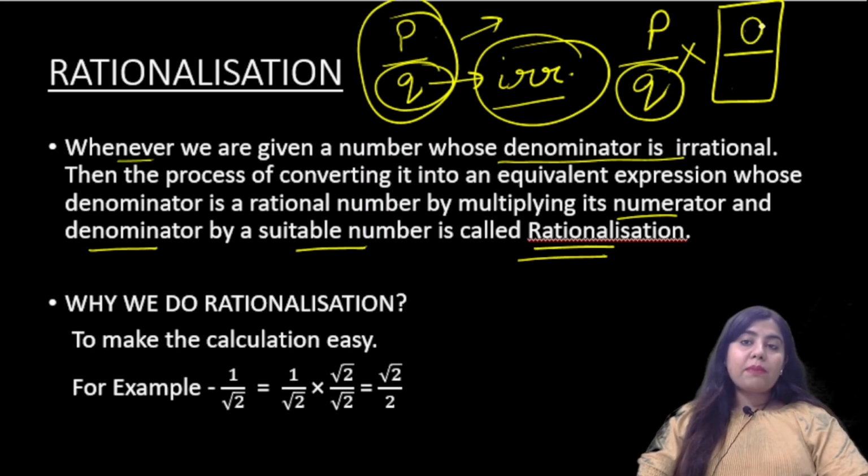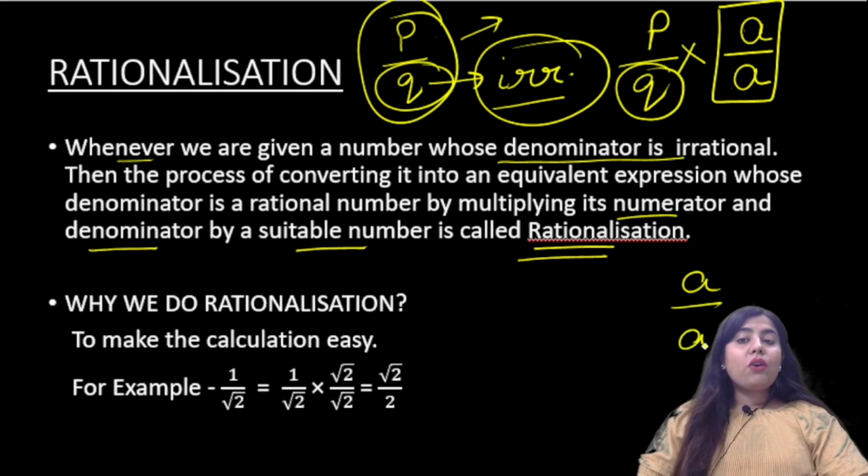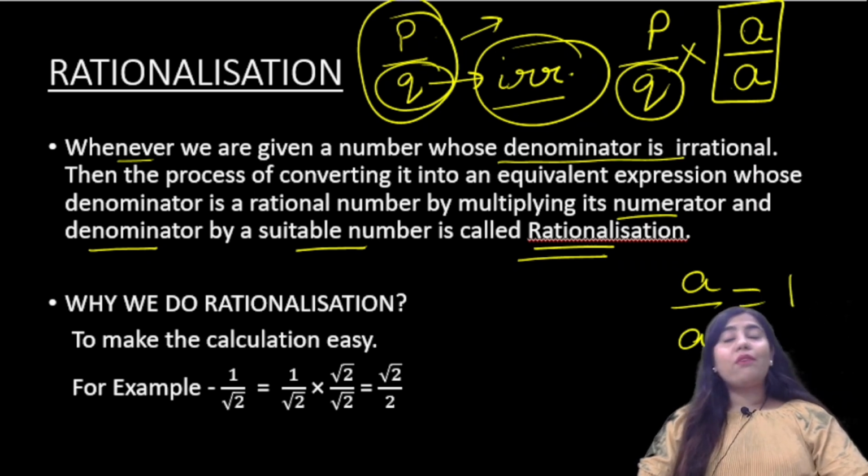Means if we are multiplying by a, then we have to multiply p by q by a by a, because a by a is equal to 1, and if we multiply any number by 1, we get the same number, which is the equivalent expression of the given number, right?